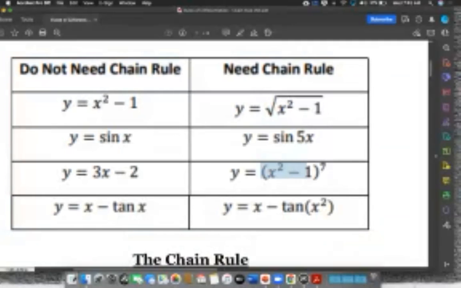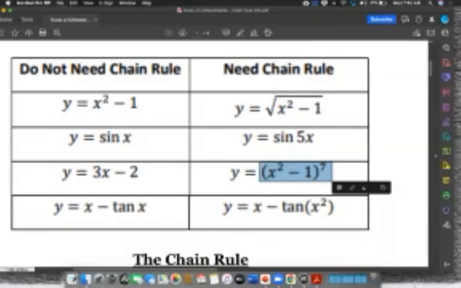Okay. Once you get that idea, chain rule is really kind of easy because it's a bigger power rule. And the power rule is probably the easiest rule we have for derivatives. So really it's just a bigger power rule. Once you see which one's the outside and which one's the inside, it's like the power rule, okay?